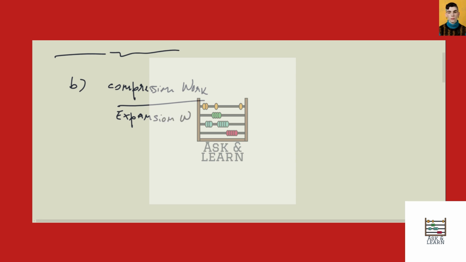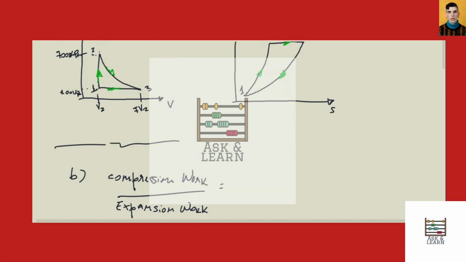If we look at the PV diagram, the compression work occurs from 3 to 1, and the expansion work occurs from 2 to 3. Okay, so these are the steps where we have compression and expansion. And from 1 to 2 we do not have any work because the volume does not change.